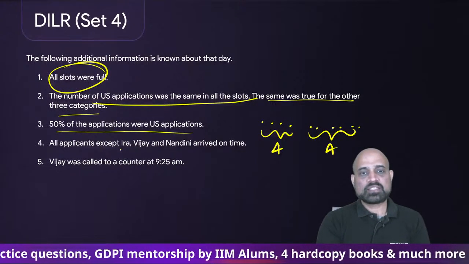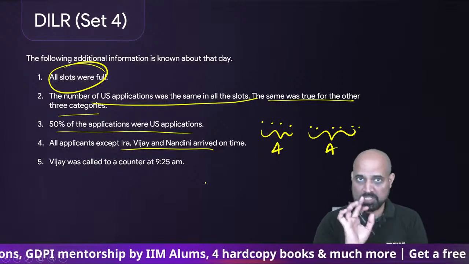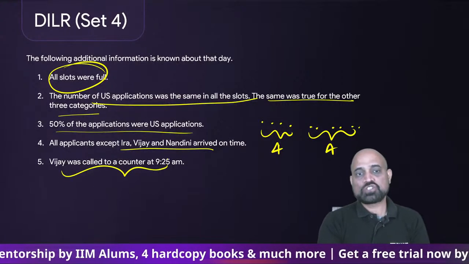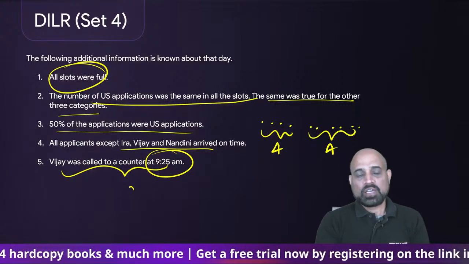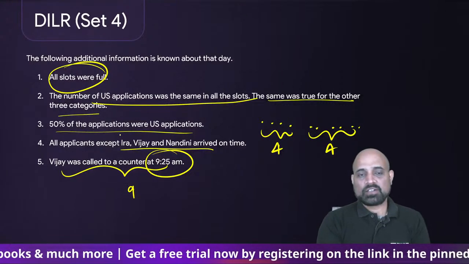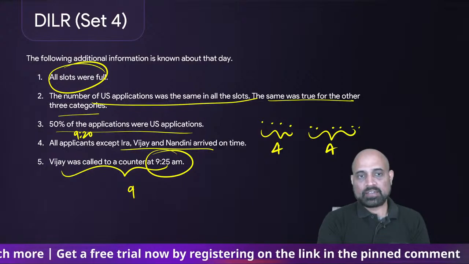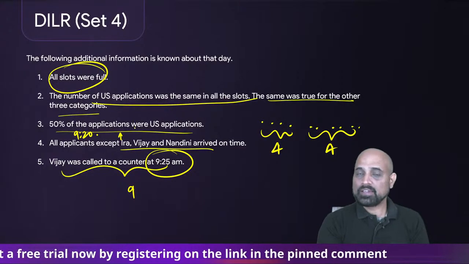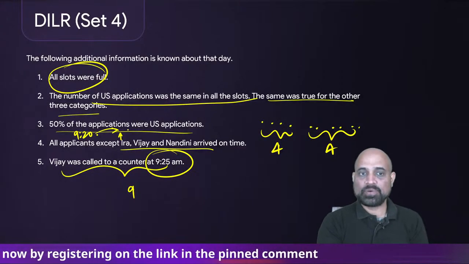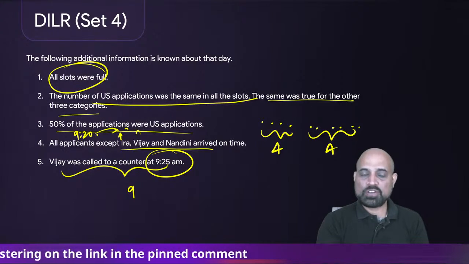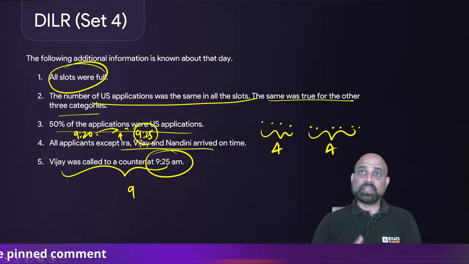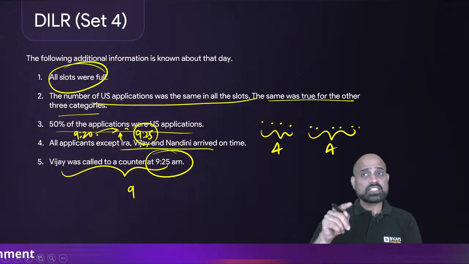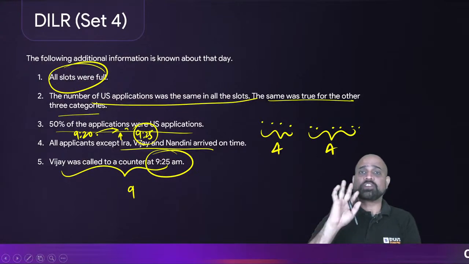All applicants arrived on time apart from these 3 people, and Vijay was called to a counter at 9:25. Now look at this: Ira entered at 9:20. Ira has to go first, so she entered at 9:20 and Vijay was called at 9:25. If Vijay is called at 9:25, that means the person before him became free at 9:25.